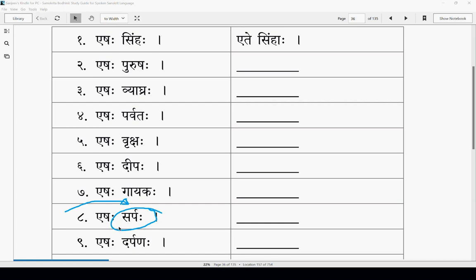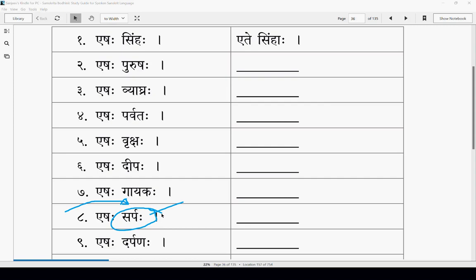Later in the email I will send a link to a video which I made long before for Sanskrit dictionaries, so that you should be able to look up new words on your own.